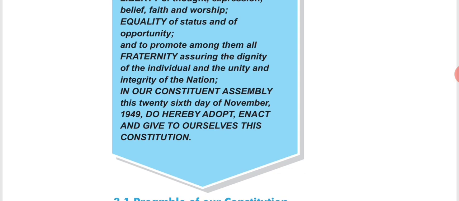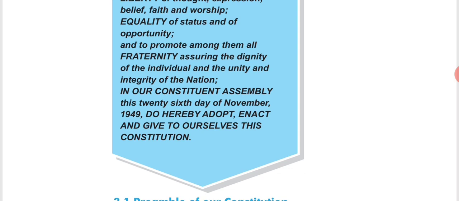There is another date which is very important for us to know, that is 26th January 1950. This date is very important because on this day our constitution was actually implemented. 26th November 1949 is the date when our country adopted or framed the constitution, and 26th January 1950 is the date when it was implemented.